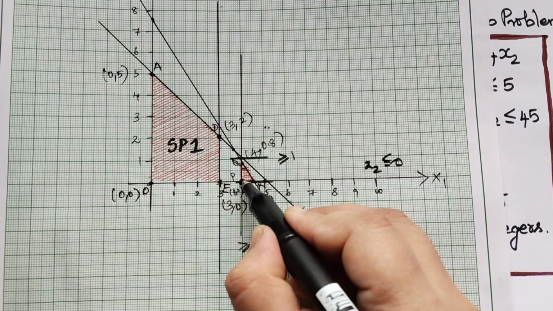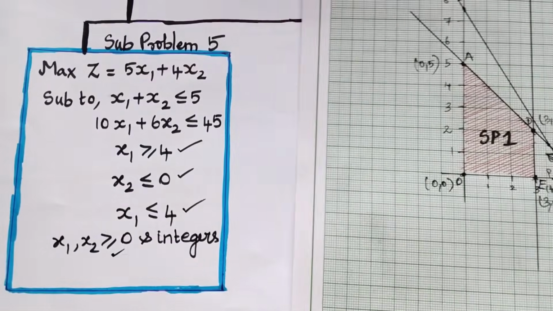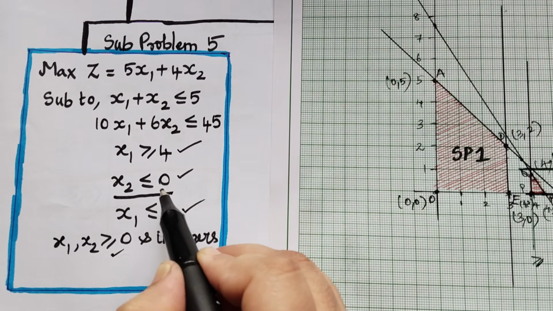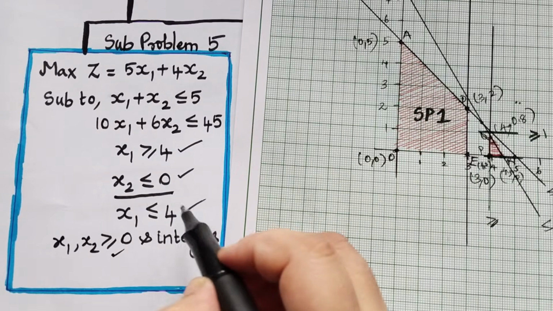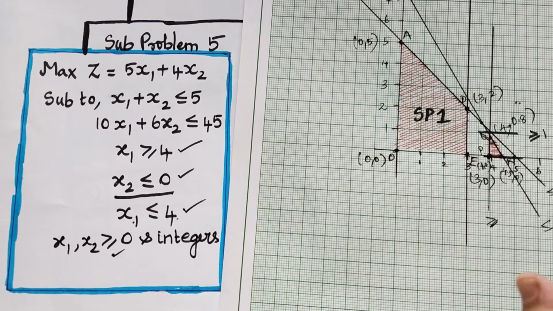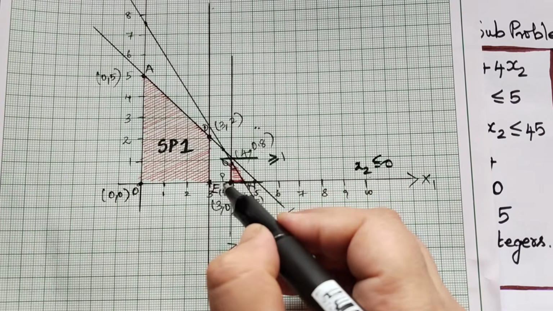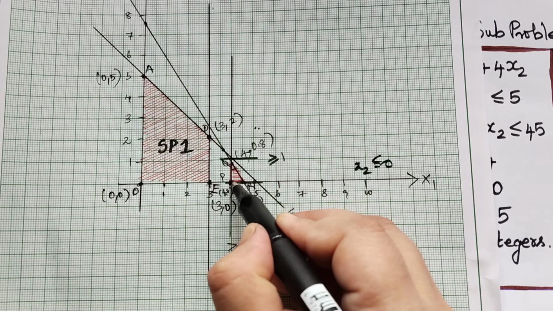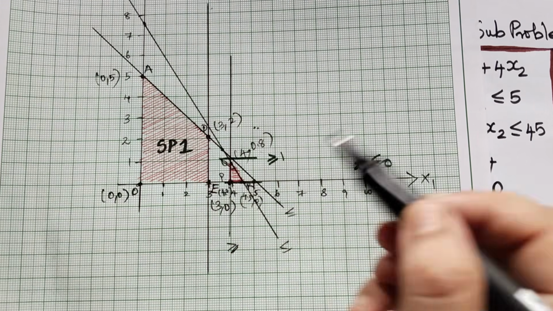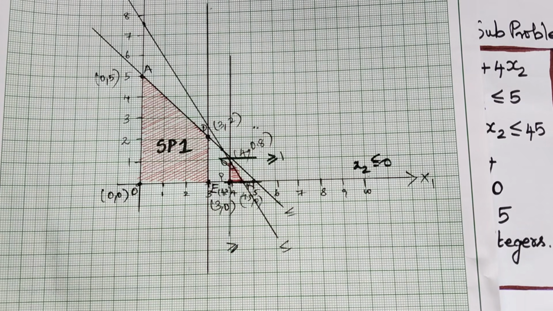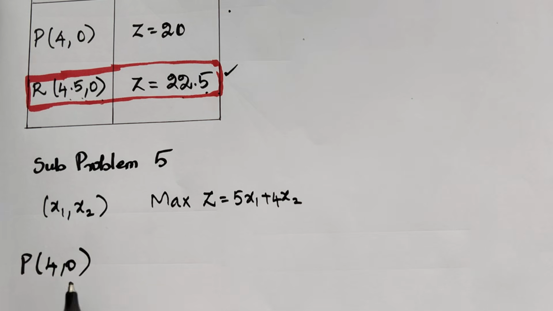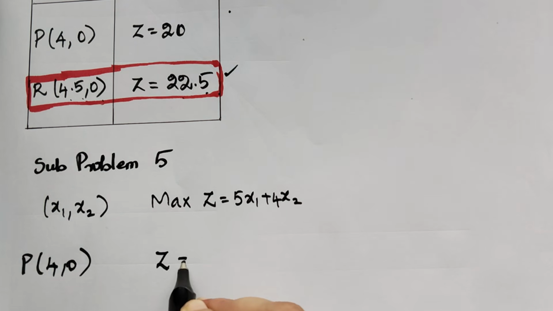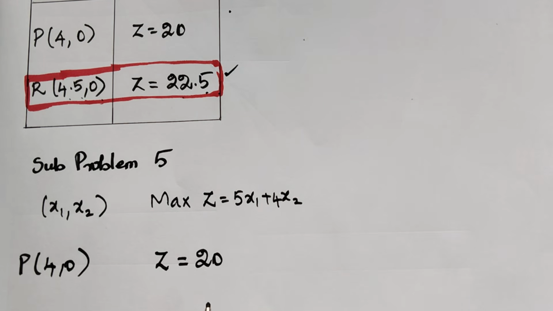Since x2 is lesser than or equal to 0, it will be this line, and particularly at x1 lesser than or equal to 4 and also greater than or equal to 4, it will be only this point. Therefore at that point we have to find the value of z. Here we have the solution space and the point is 4, 0, and so the value of z will be 20. And so this will give us the optimum solution at that point.